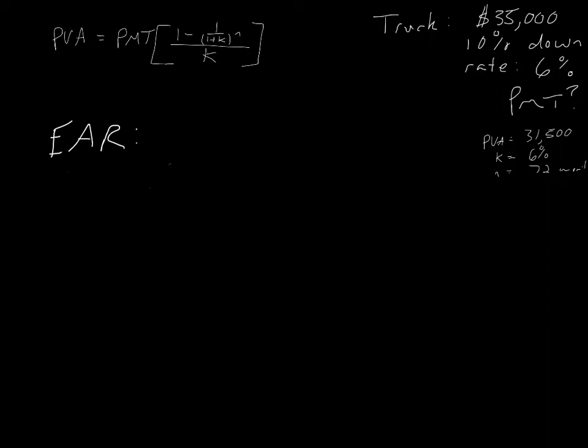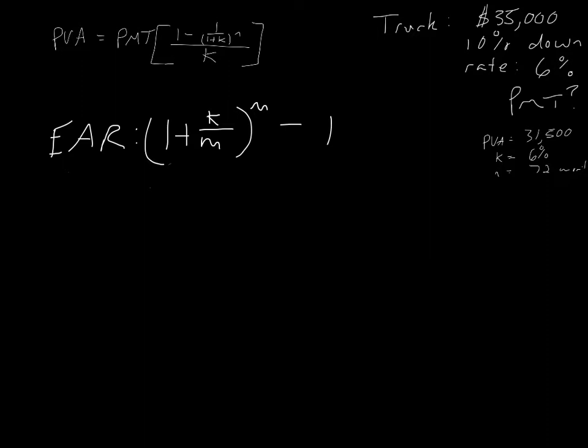And the calculation there is to take our 1 plus our rate, our K, divided by the number of months, raised to the number of months, minus 1.